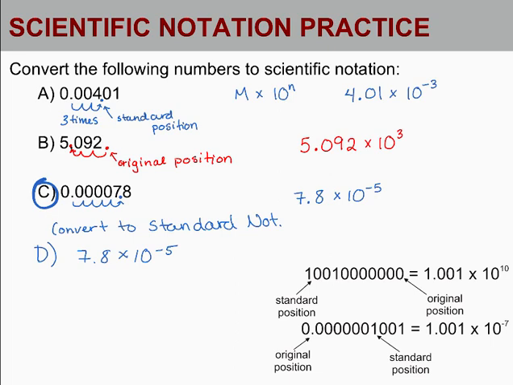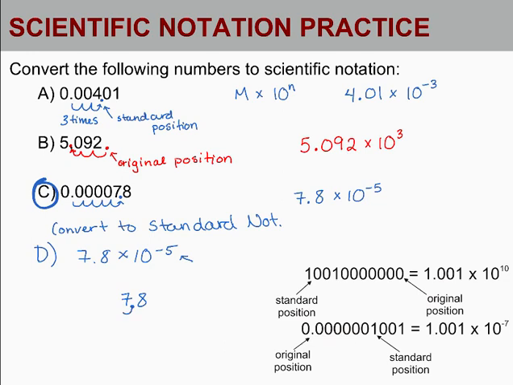So what I would do is write 7 and 8. And then because this is a smaller number, which I know from the negative exponent, I'm going to start with my decimal point and then move it to the left because I know that this is a small number.